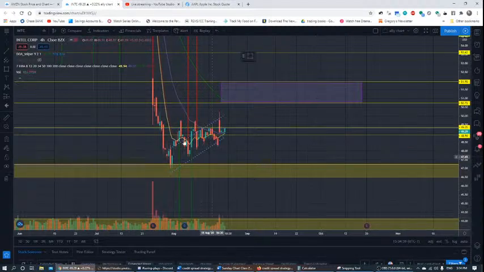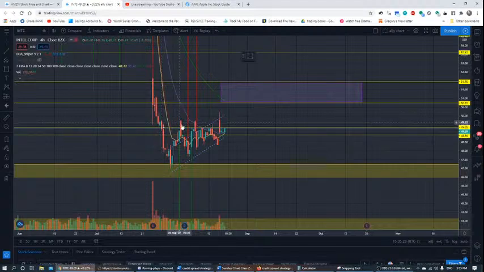So let's break down the 4-hour, because I only break down the 4-hour. So right now we're hovering in this area. If you want to take this long, if you want to be safe, this candle right here is a really strong rejection candle. So I would take that trade if we're touching 50, because look at how many times we tapped this area after the earnings, which were pretty okay, lackluster.